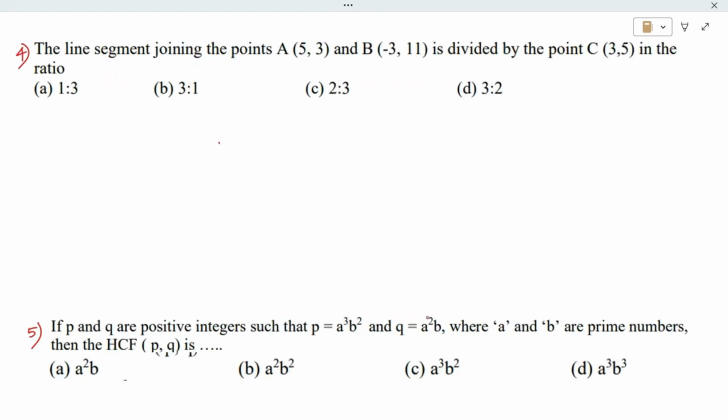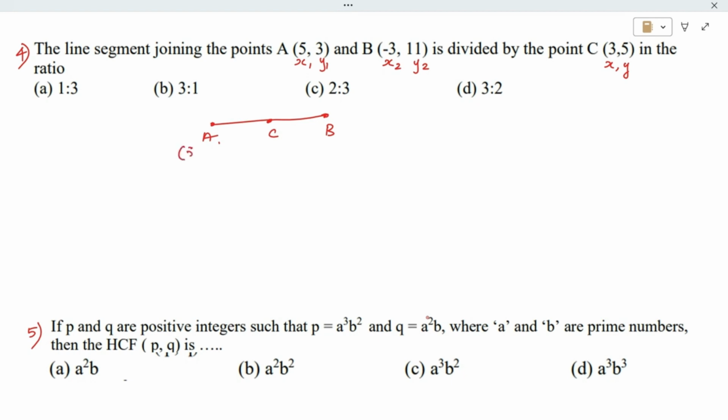Question number 4. The line segment joining the points A 5, comma 3. So I am taking 5, comma 3 as x1, y1 and B minus 3, comma 11 as x2, y2 is divided by the point. So this is dividing the line segment AB. So I am making it as x, comma y. So if I draw a line segment AB, okay, so C is the point which divides the line segment.